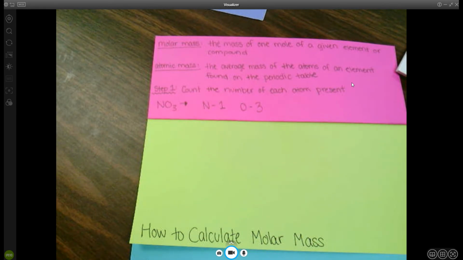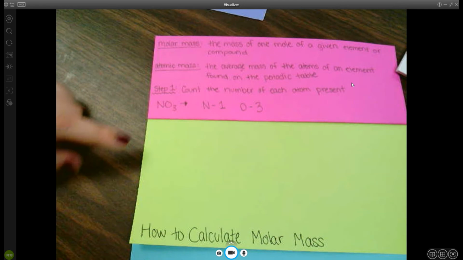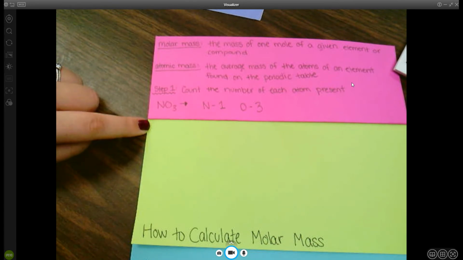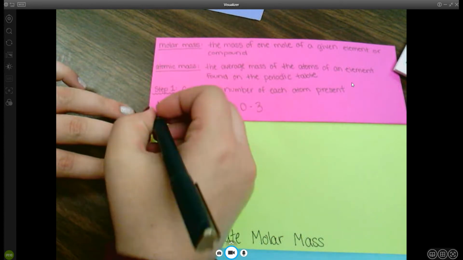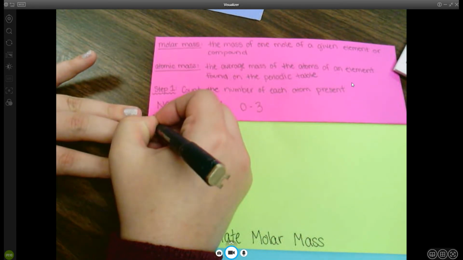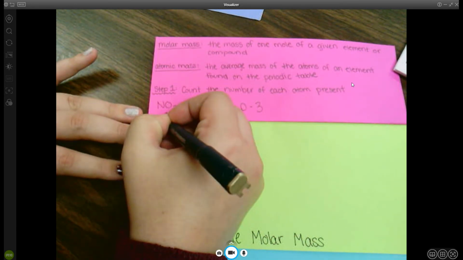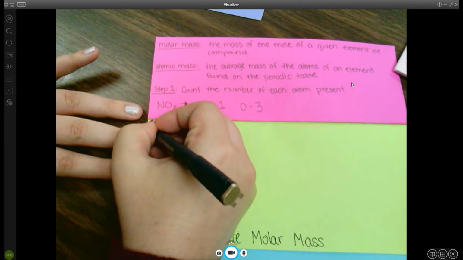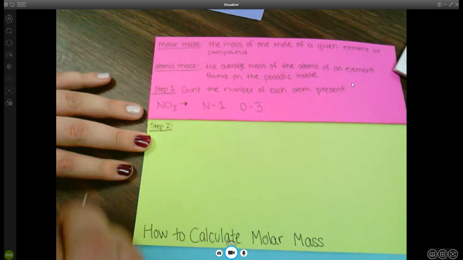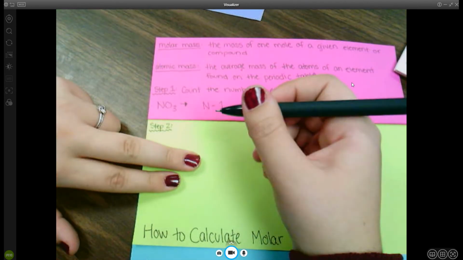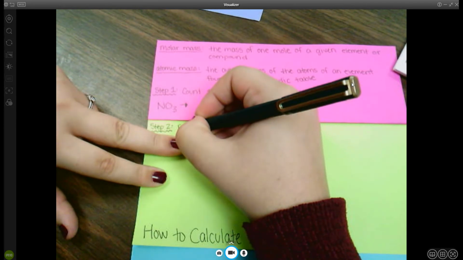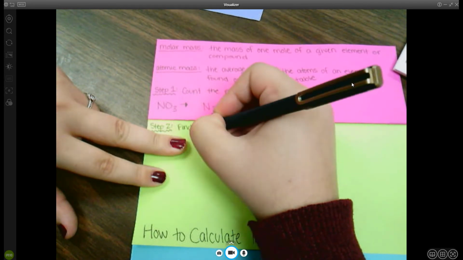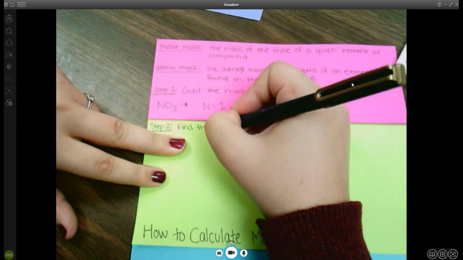All right. So step 2, we're going to bring it down to the green. All right, so that's the first step, count your atoms. Step 2. Find the atomic mass of each element.